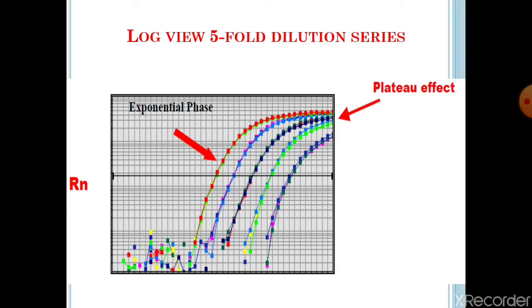On the x-axis, we have the number of cycles. On the y-axis, we have the DNA. Now you can see that in the exponential phase, they are different. So detection in real-time PCR is done in the exponential phase, where the amounts of starting target material are clearly separated. Real-time chemistry provides fast, precise and accurate results.